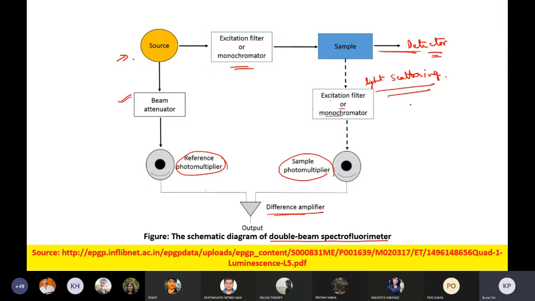Okay, so to negate that we need to have this difference amplifier, where we are basically negating the information about the source light from the emission spectra. Okay.